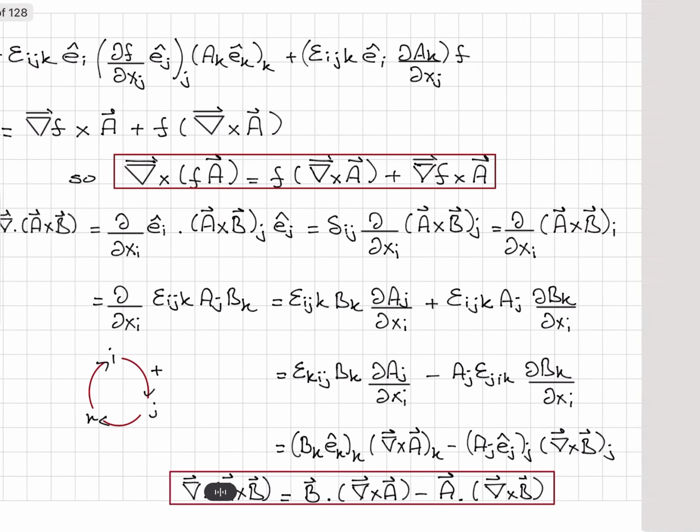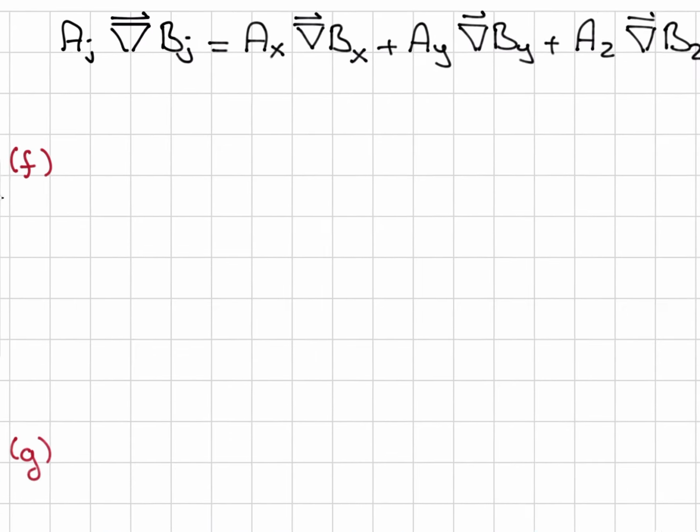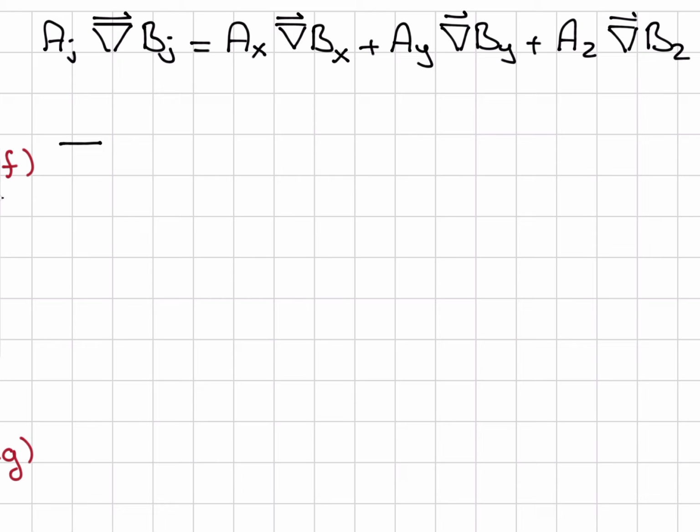So let's start with part F. We have to work on the gradient of the product of two functions fg, and now the gradient operator, del operator, in subscript summation notation is del xi ei hat.